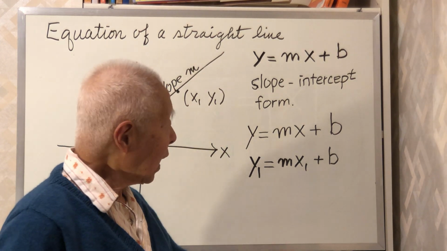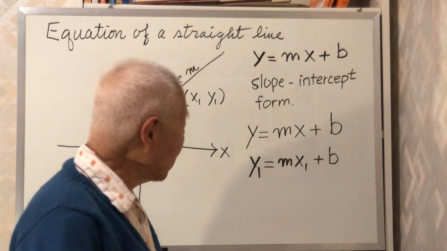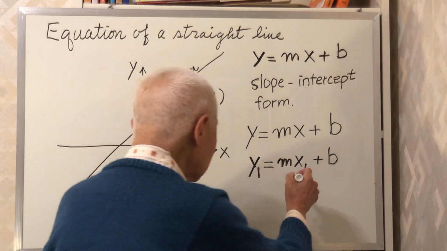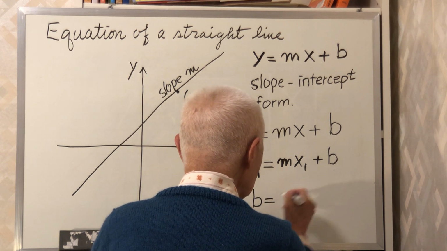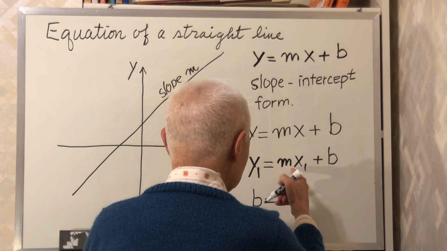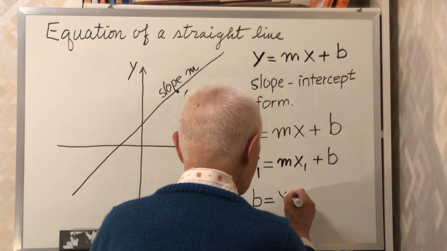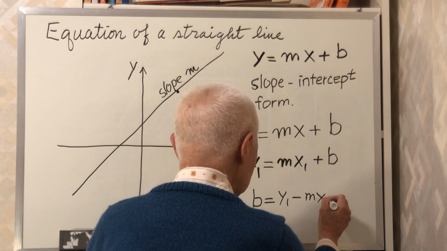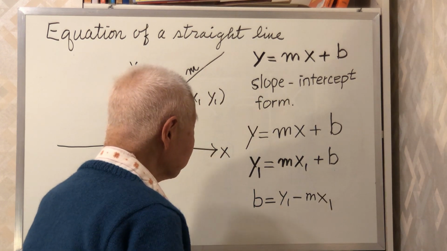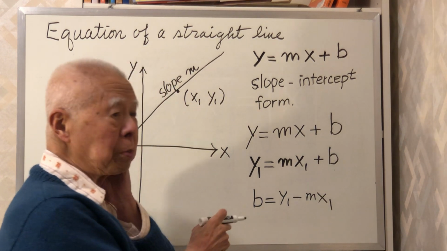From this, I can find b. What is b now? b is y1 minus mx1. So I have the b now.